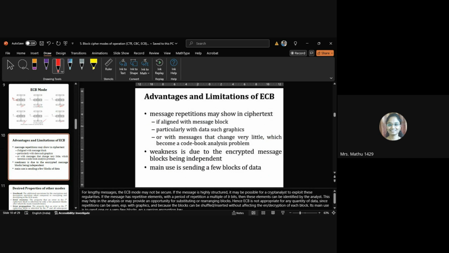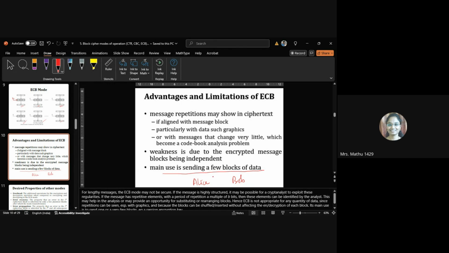The advantage is that, as we have seen, it is used for sending a few blocks of data. For example, in symmetric encryption, both the sender and the receiver, say Alice and Bob, should have a common key between them.